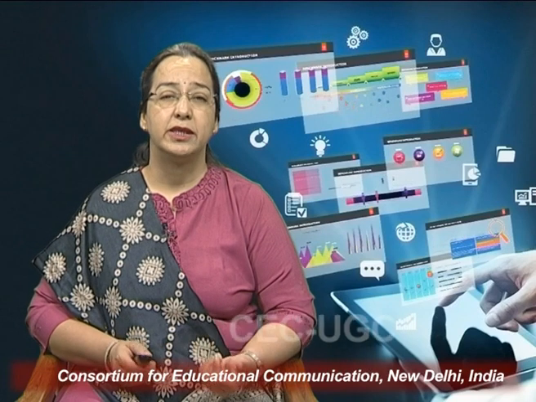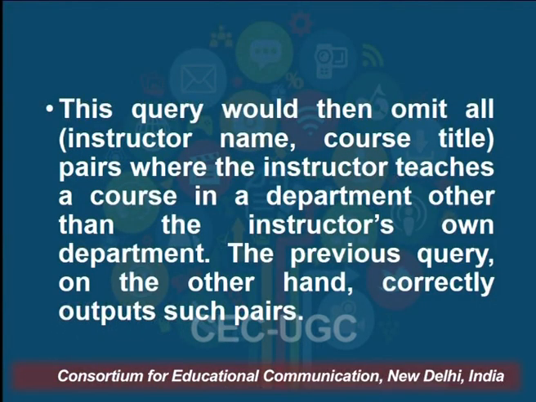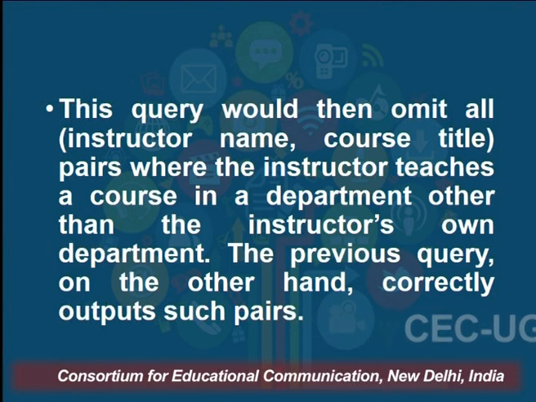The natural join of the instructor and teaches along with the course would require that the department name attribute values from these two inputs be the same, in addition to requiring that the course ID values be the same, because that course ID is given in the where predicate. So this query would omit all the instructor name, course title pairs where the instructor teaches a course in a department other than the instructor's own department.